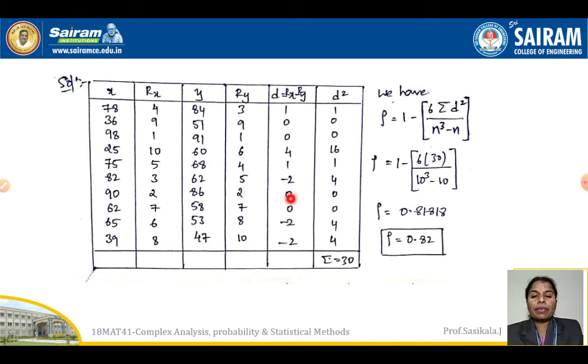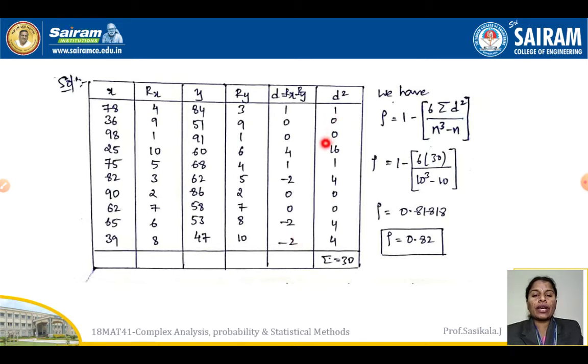As per the Spearman rank correlation, I need D squared. For that, find the difference of your rank X and rank Y. It may be positive or negative, but when taking the square, it will be positive only. So the differences are 4 minus 3 which is 1, 0, 0, 4, 1, minus 2, 0, 0, minus 2, minus 2.